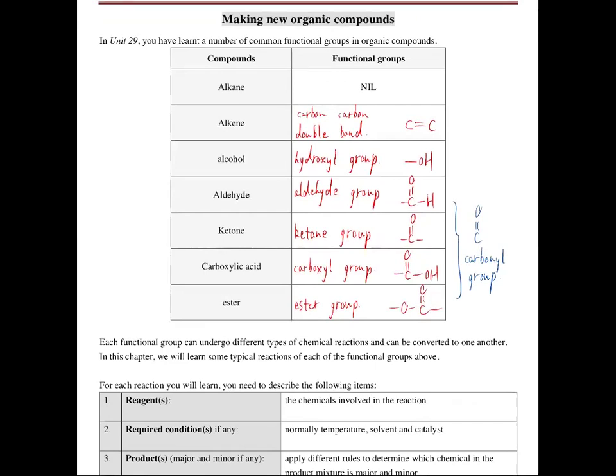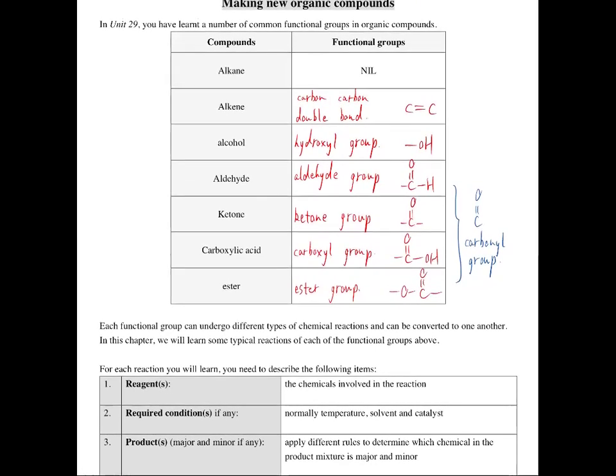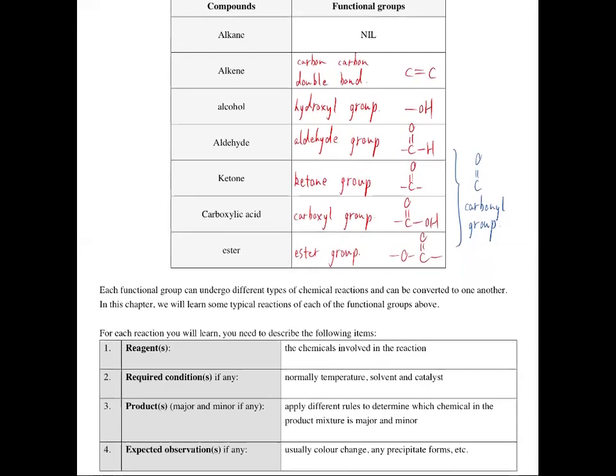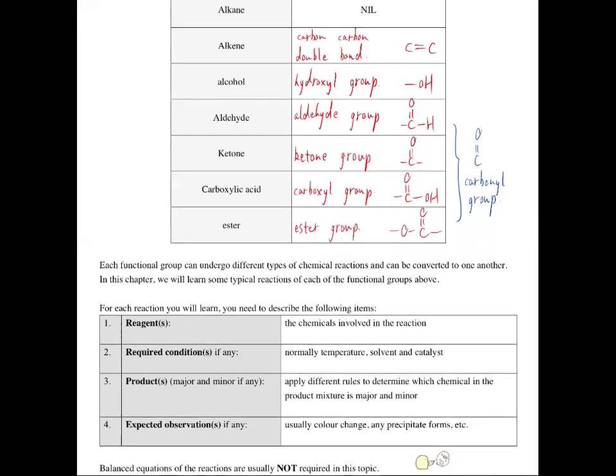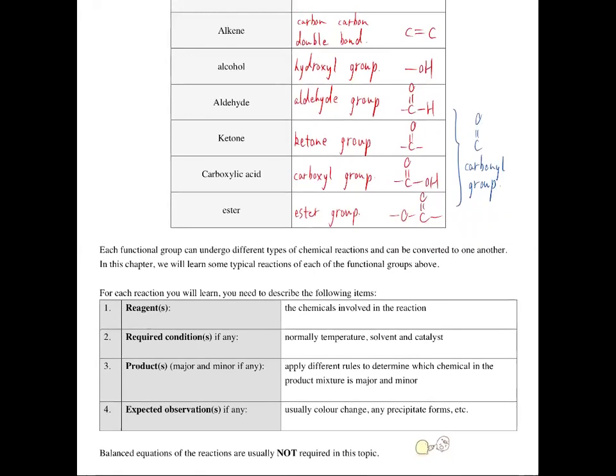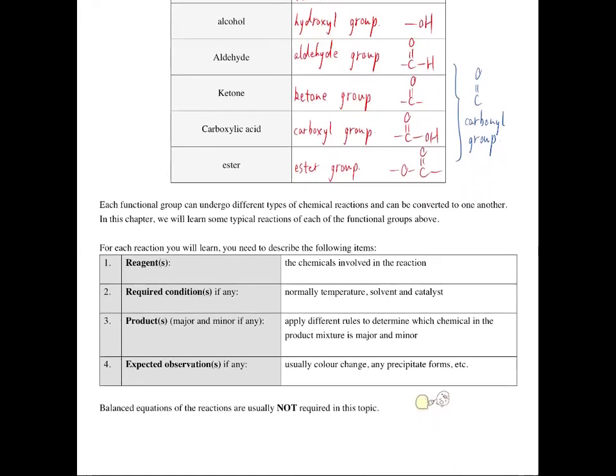Okay, good. In this unit, while we're going through all kinds of reactions related to different groups, the things that you are required to remember are, first, the reagents involved, and second, the conditions required for those reactions.